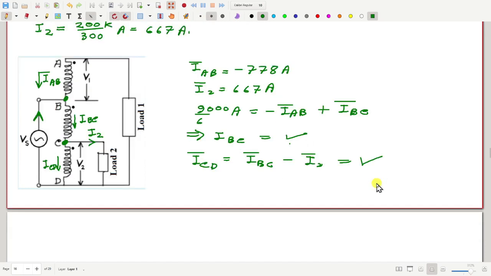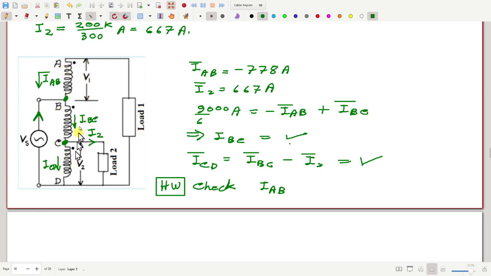Now I will leave it as an exercise for you, homework. Check whether IAB multiplied by the turns ratio for the AB, BC and CD portions.